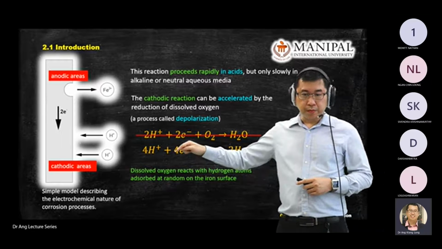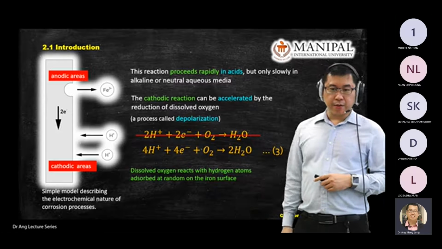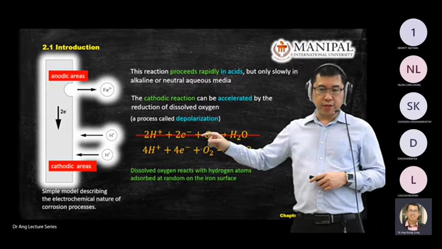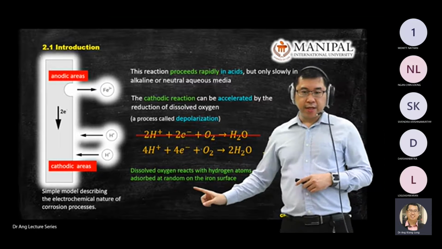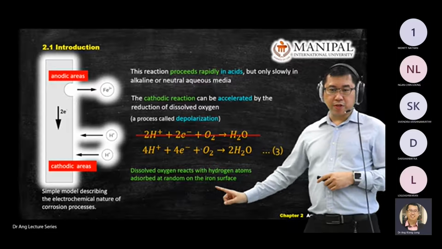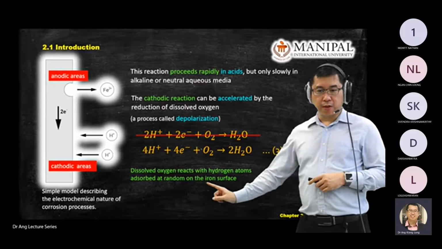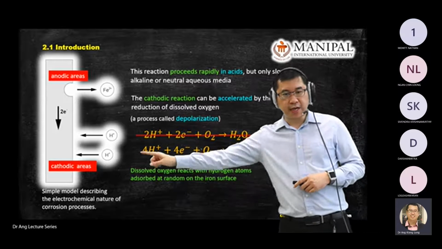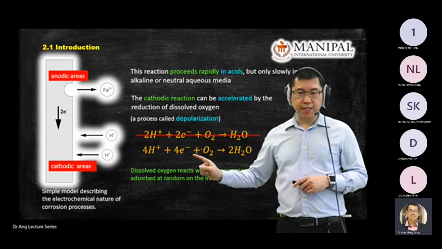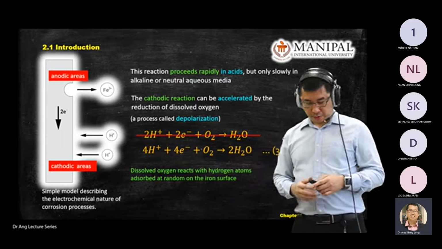so this is just a side note. The oxygens will react with hydrogen at random rate on the surface. It's not inside the metal, but on the surface.